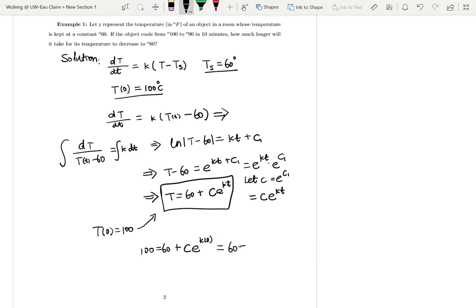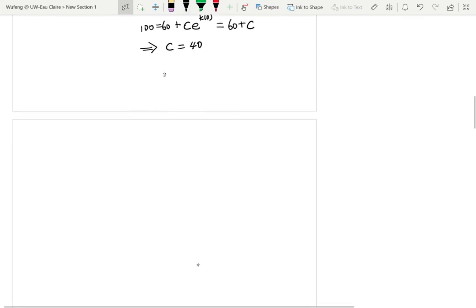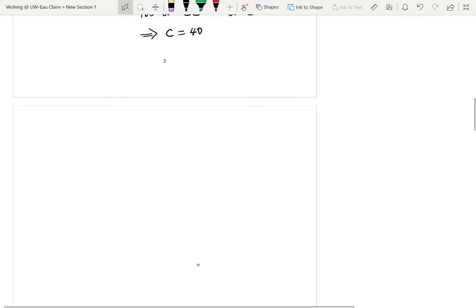So that's 60 plus c, and you solve 60 plus c equals 100. You get c equals 40. So once we solve c equals 40, now our function becomes T(t) equals 60 plus 40 times e to the kt.